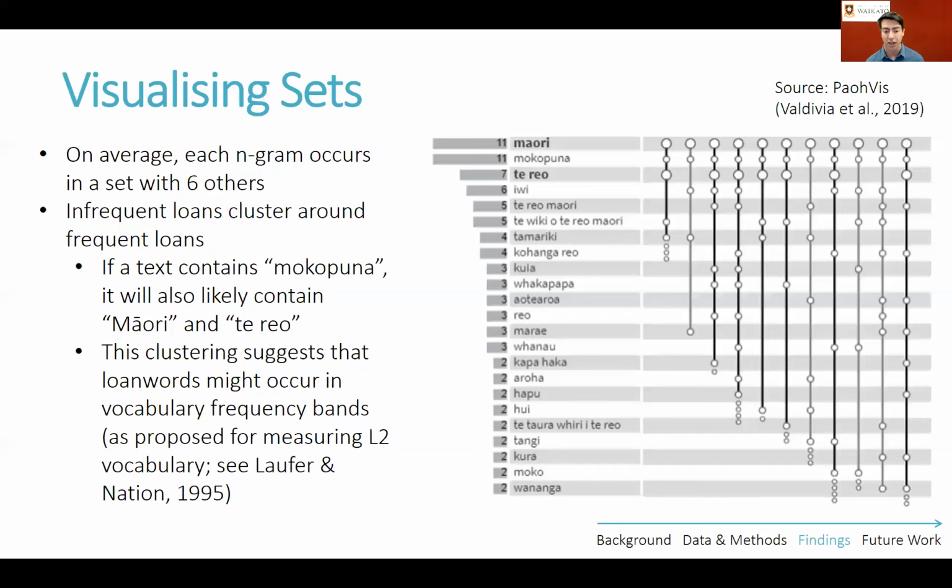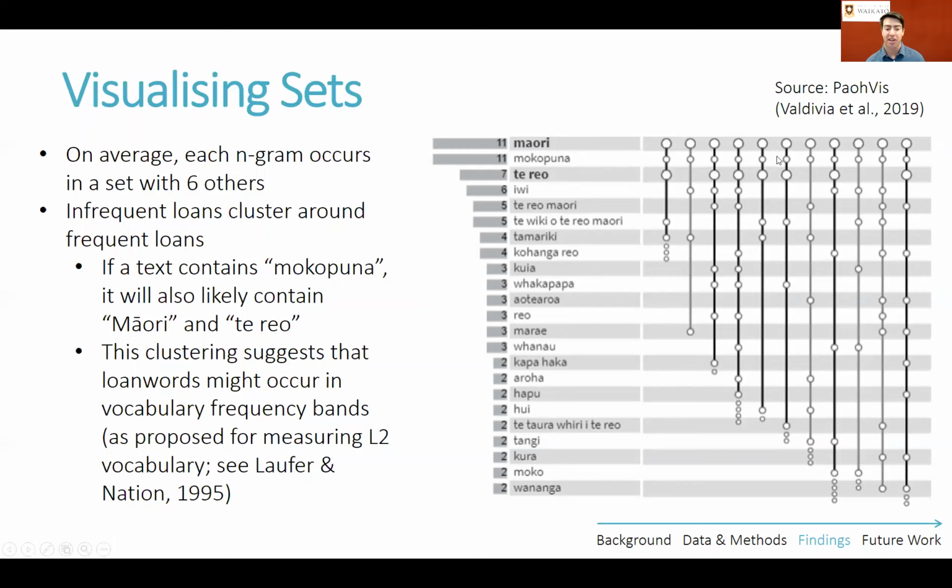So the visualization here shows all sets involving the loanword mokopuna, grandchildren, in the MRW corpus. And we can see that there are 11 sets in total. The engrams are arranged in order of importance on the left-hand side, and sets are represented as these vertical lines.